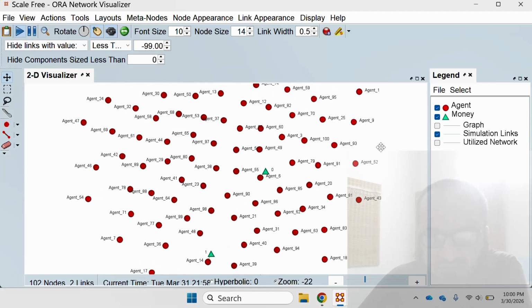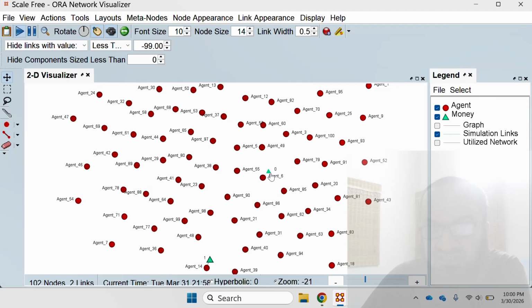Since there were two nodes we selected for the distribution of money, 0 and 1 are the node numbers. It's not that money is there or money is not there. So these two nodes, agent number 6 and agent number 14, were acting as the source of money. At the first instance, only they have the money. They are linked with the money.